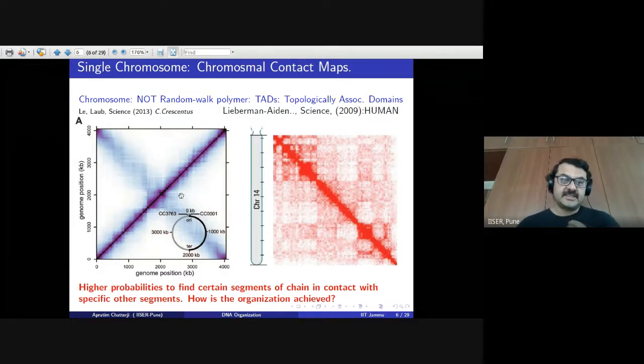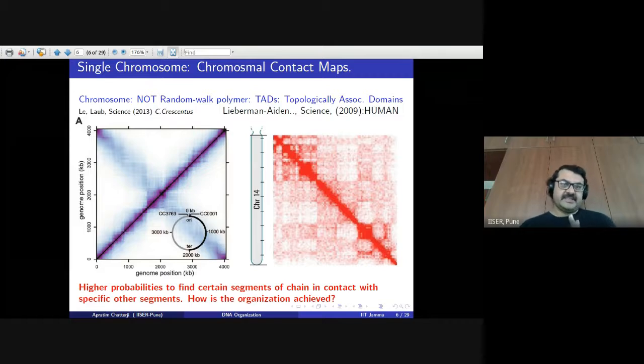You see that there are certain square patches. Moreover, there's a diagonal here. And this is data from the human chromosome. And again, you see certain squarish patches all over. This data is taken from this paper, Lieberman-Aiden, for human chromosome 14.